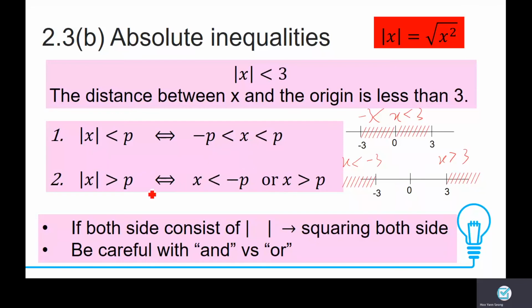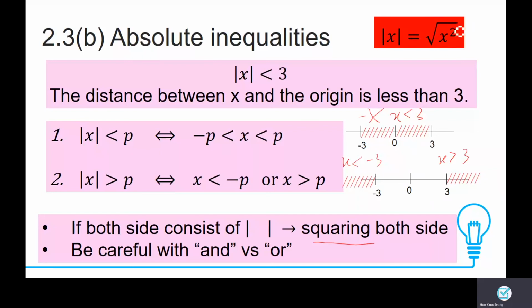Now there are some tips for solving absolute inequality. When both sides, left hand side and right hand side, consist of the sign of absolute, your technique will be squaring both sides. Why are we squaring both sides? Because absolute x is equal to the square root of x squared. This is the definition of our absolute.